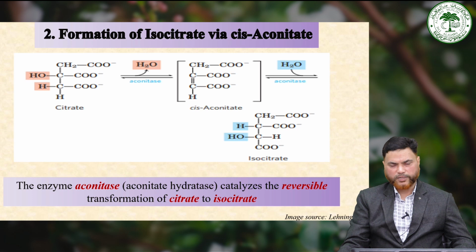Generally, aconitase is present in both mitochondria and cytosol, participating in the TCA cycle and glyoxylate cycle. In the cytosol, aconitase along with NADPH dependent isocitrate dehydrogenase provides 2-oxoglutarate for amino acid biosynthesis. This is also very crucial. You must note it here.